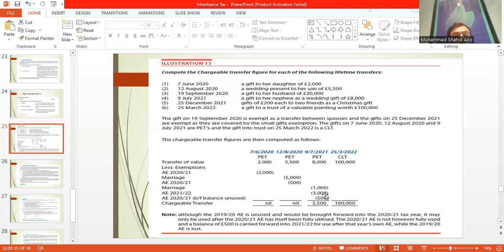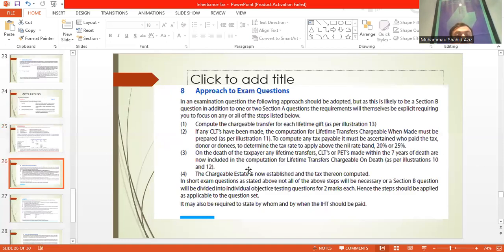So this £3,000 is actually for 2020-21, and this year we have used only £500, so the 2,500 will be carried forward to the next year. In this way we will solve this question, and this is the exam technique that you have to follow.